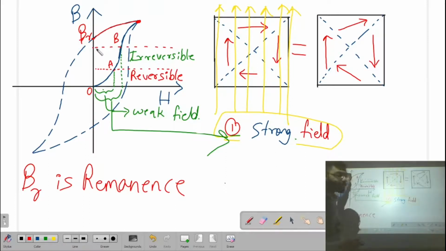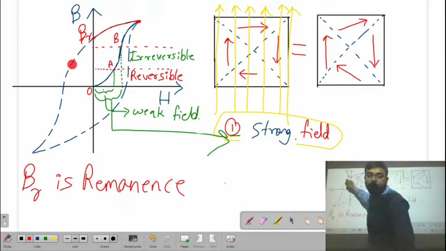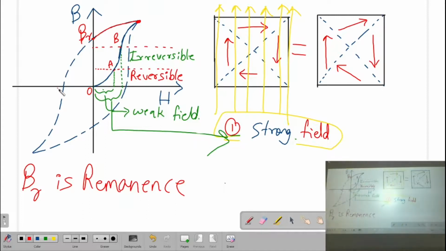If you want this induced magnetic flux density, this Br, to become 0, then again you have to give minus H up to this point.